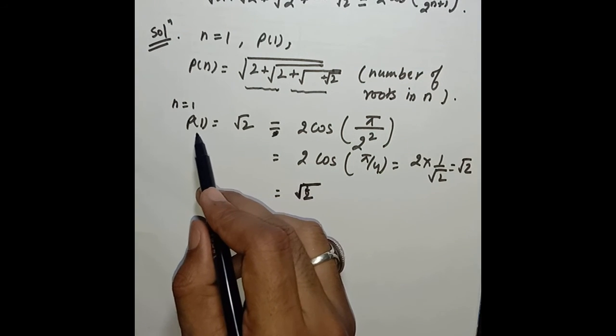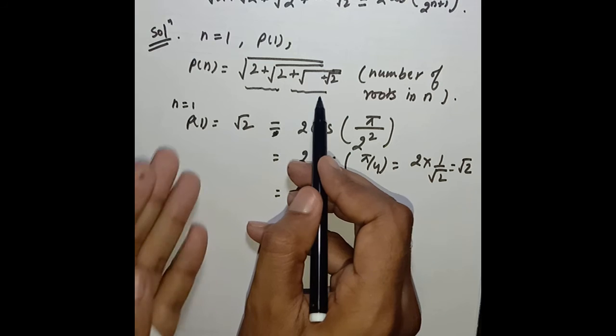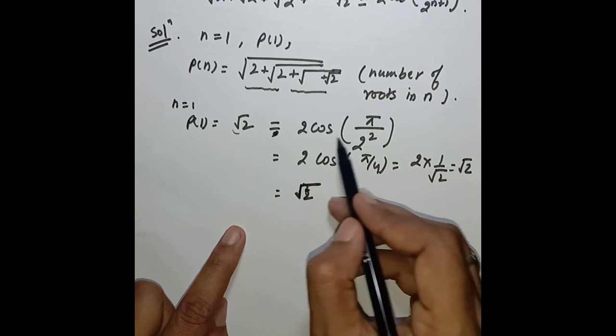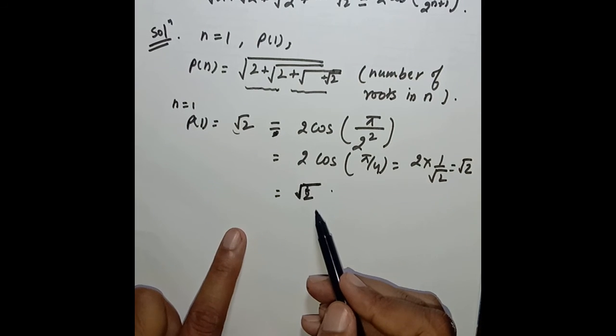We have checked for n is equal to 1. For n is equal to 1, P1 on the left hand side is only under root 2, and on the right hand side we have under root 2. So the statement is true for n is equal to 1.